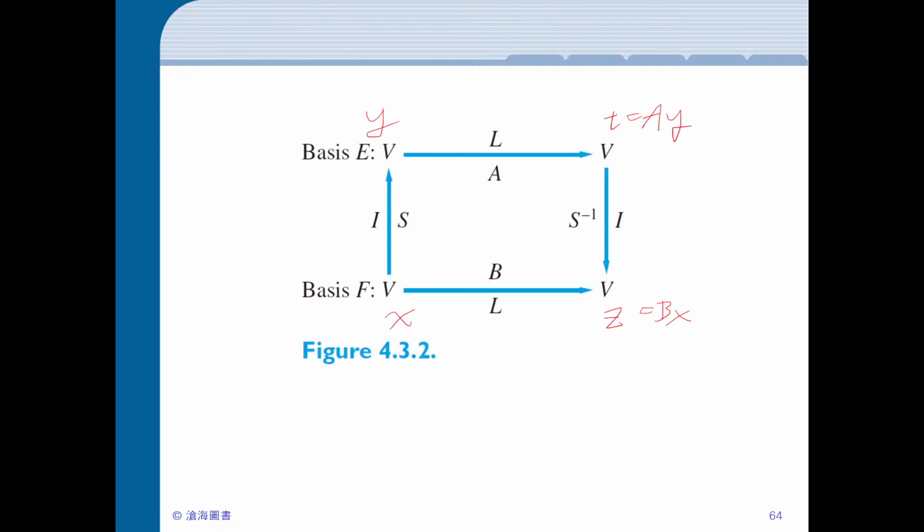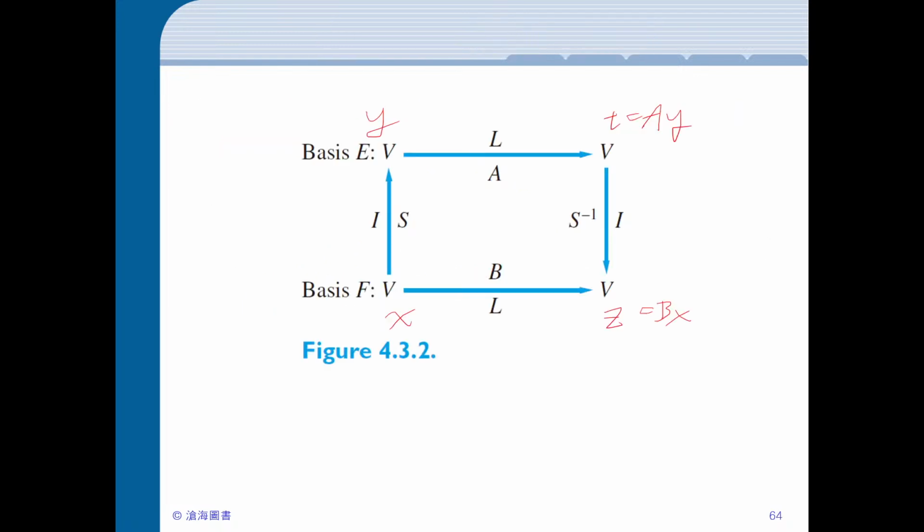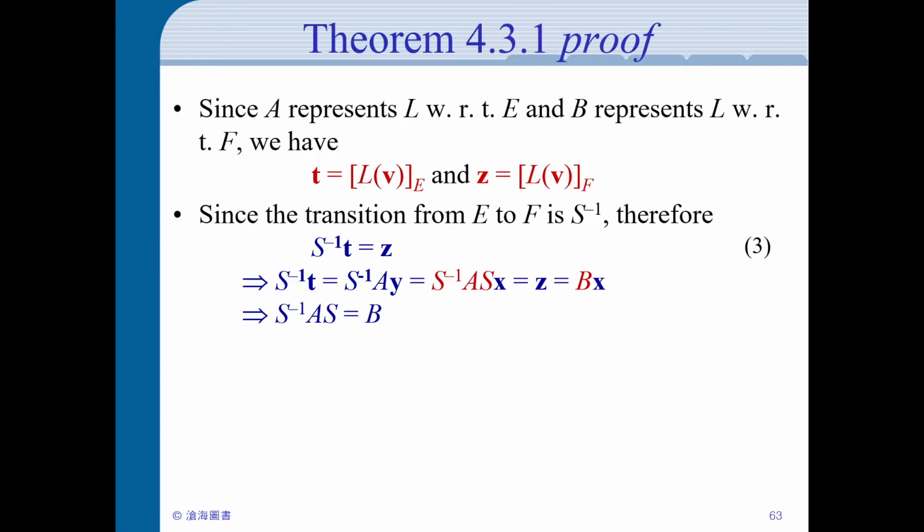So T is L of V in terms of E, and Z is L of V in terms of F. Those things are the same vector, but in the E coordinate and in the F coordinate.